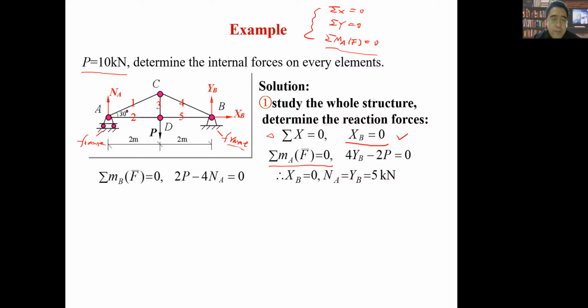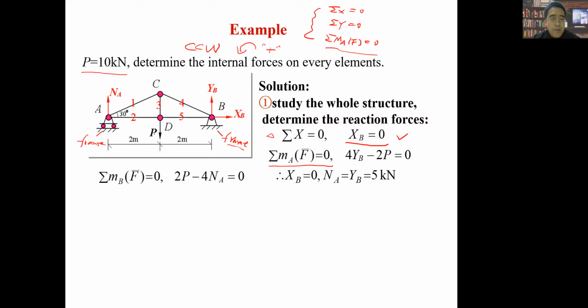So this YB will have a moment about point A in the CCW direction. CCW actually is counterclockwise direction. It will be positive, right? So we have YB times its distance from the action line of this force to this point. This will be 4 meters. So we have 4 meters times YB, which is positive.